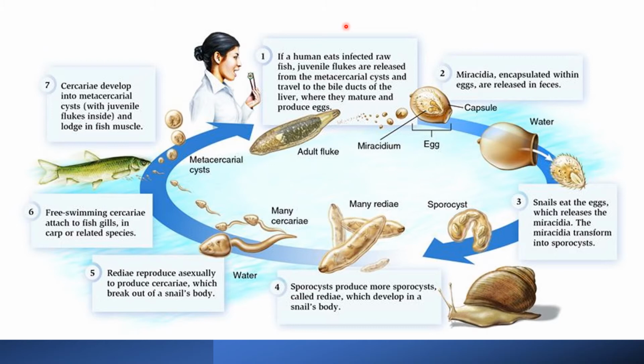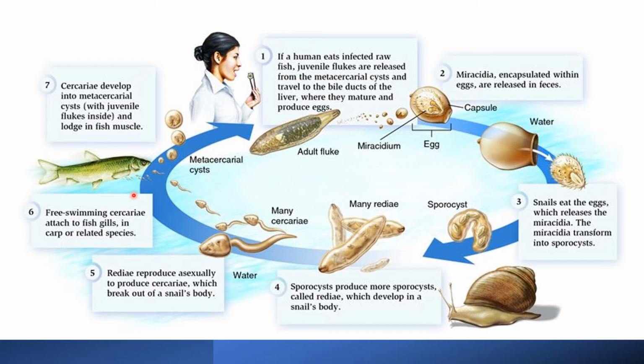After the cercaria, these will attach to fish gills or carp or related species. They will tend to infect fish and crabs.